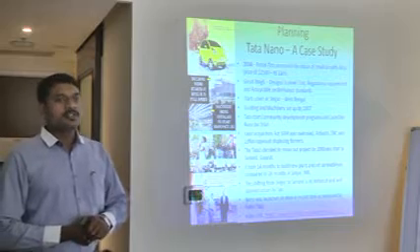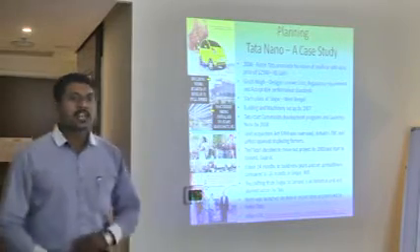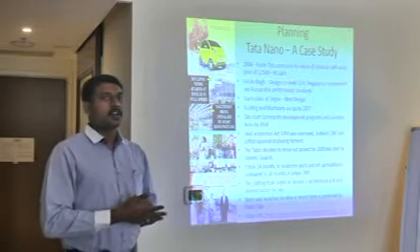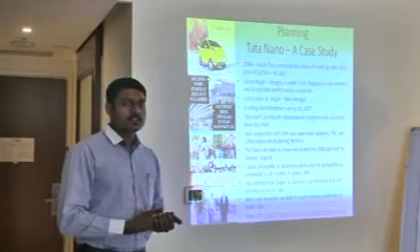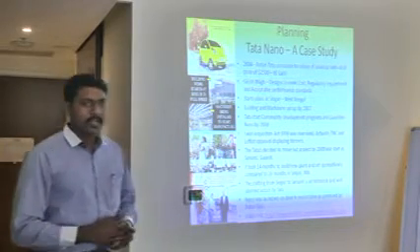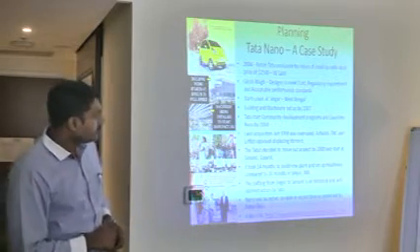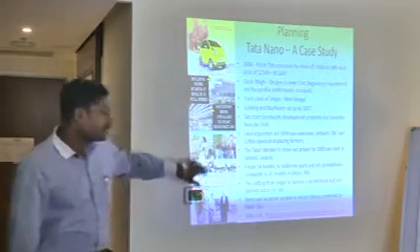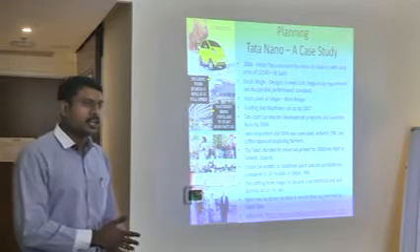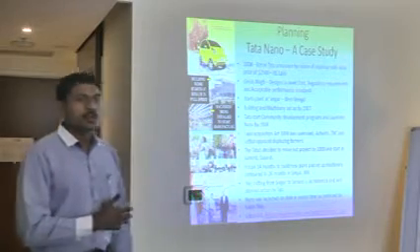But there were issues with respect to the regulatory act, wherein the Land Acquisition Act was broken. They had acquired almost 797 acres for building the plant. That is when protests happened, and they finally had to move out of West Bengal to Gujarat.